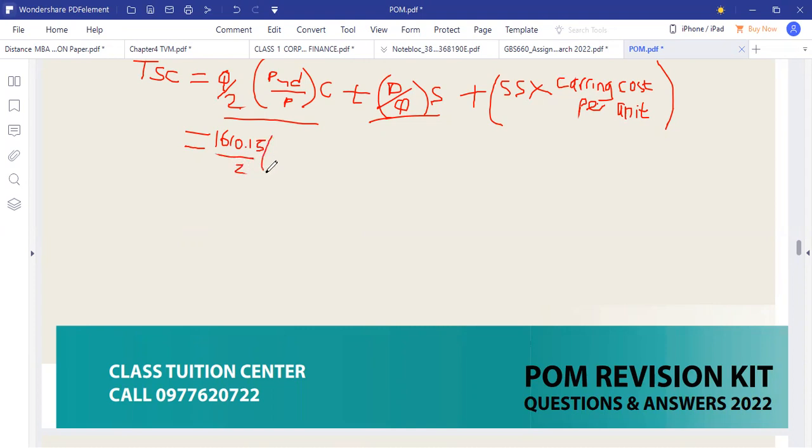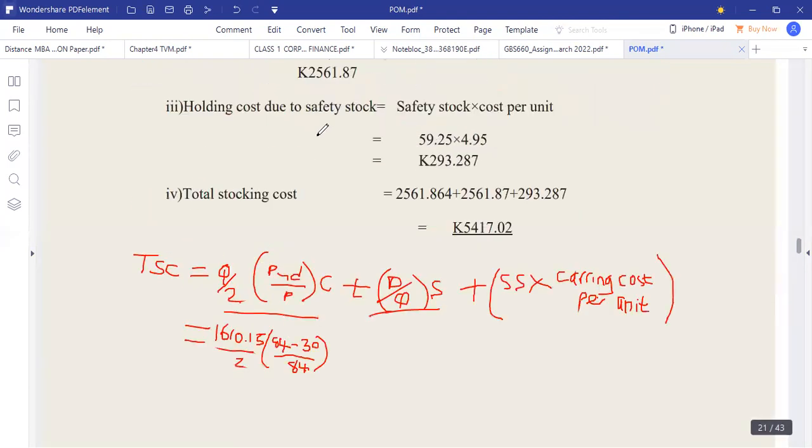Then here our P is 84. So 84 minus 30. These ones are already computed. Then over our P, which is 84. Then on our C, carrying cost is already calculated.